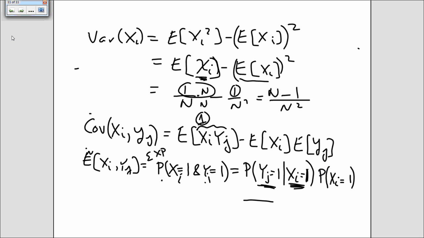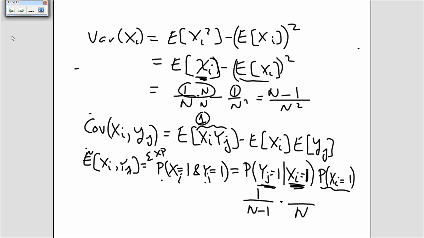Well, we know the ith person picks their hat, so there are now just n minus 1 hats left, and only one of them can go to person j. The probability that the jth person picks their own hat, given that there are really just n minus 1 hats there, is 1 over n minus 1, times the probability that the ith person picks their own hat.